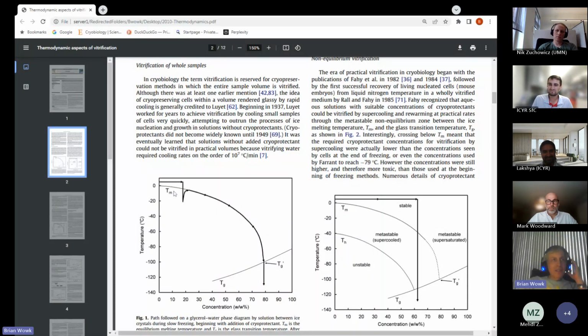Okay, so on this phase diagram, figure 1 here, we have the melting point of ice in glycerol solutions as a function of the concentration of glycerol in the water, and the dark line is the trajectory that might be followed in a standard slow-freezing protocol. So you load with 2 molar glycerol, which corresponds to about 18%, and then you start cooling.